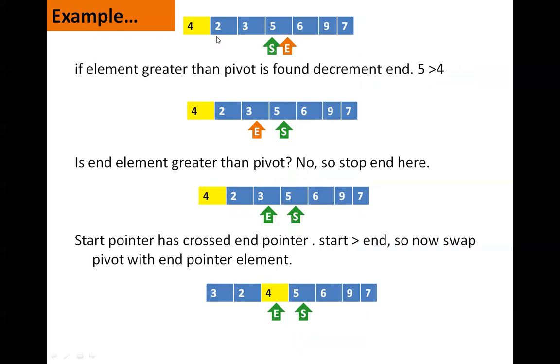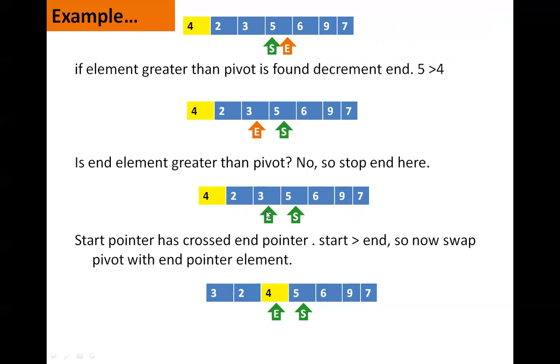Yes, 5 is greater than 4, so again decrement the end pointer. Now it is pointing at 3 and the start pointer is pointing at 5. Is the end pointer value greater than the pivot? No, because 3 is smaller than 4. So you stop and freeze the end pointer also.